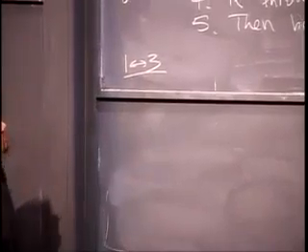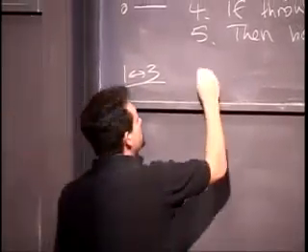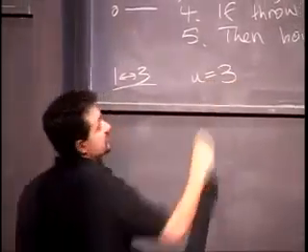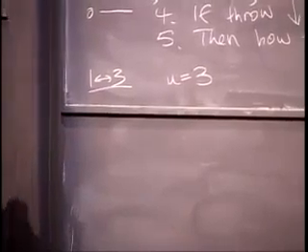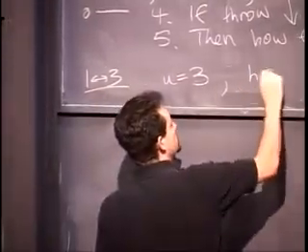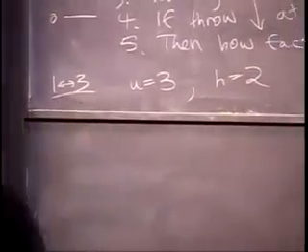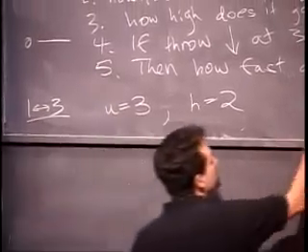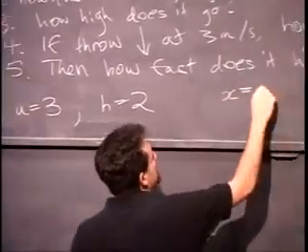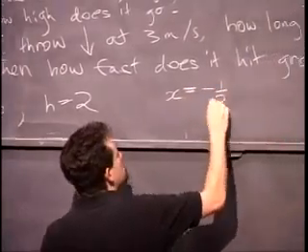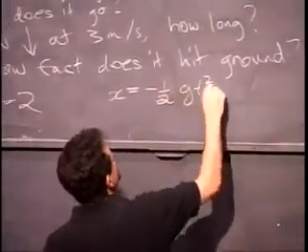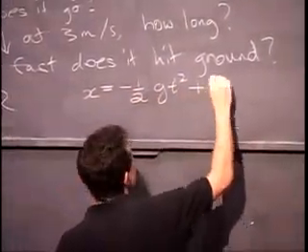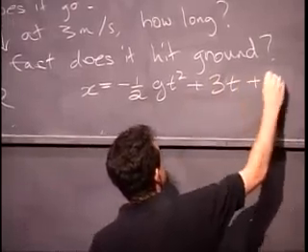In that case, we have u, the initial speed, is 3. I'll leave out the units till the end. And I have the initial height h is 2. Right? Because I'm throwing it from 2 meters above the ground at 3 meters per second. So the equations become x is minus a half gt squared plus ut, well, u is 3, plus h is 2.